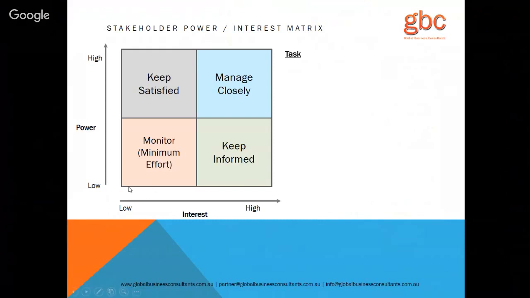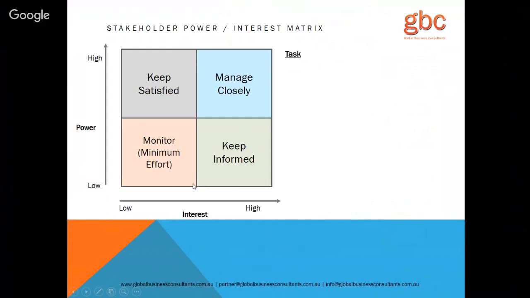So this framework is power and interest, where power could range from low to high, as well as interest ranging from low to high.